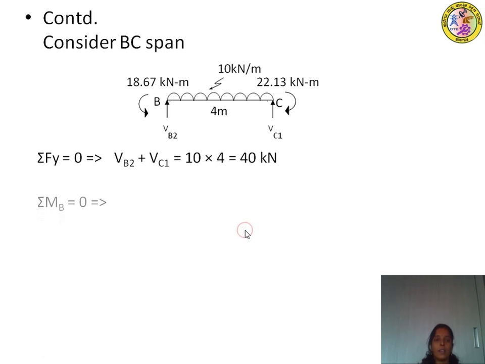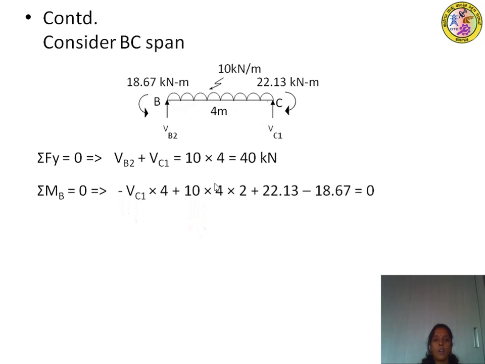Next we will apply sigma MB is equal to 0, that is, take moment of all the forces about B and equate it to 0, which implies minus VC1 into 4, since this induces an anti-clockwise moment about B. Next, plus 10 into 4 into 2. To convert this UDL into a point load, it acts at the midspan, so the midspan length will be 2.